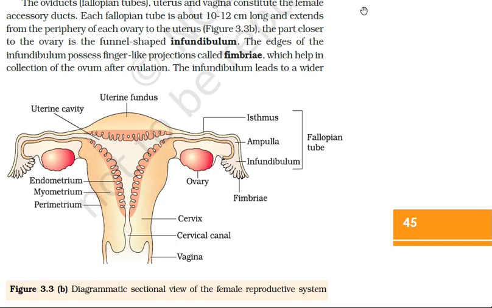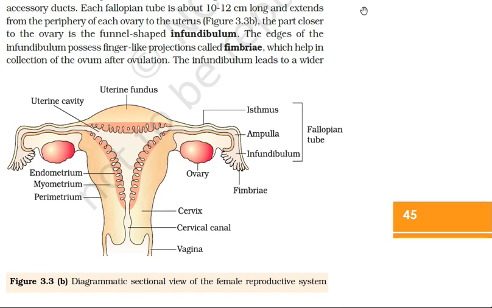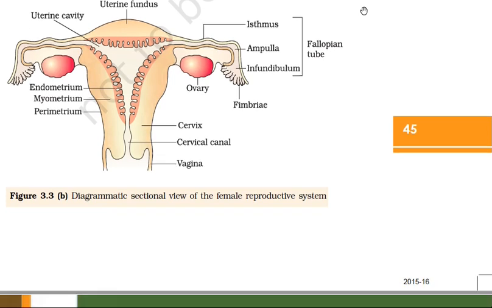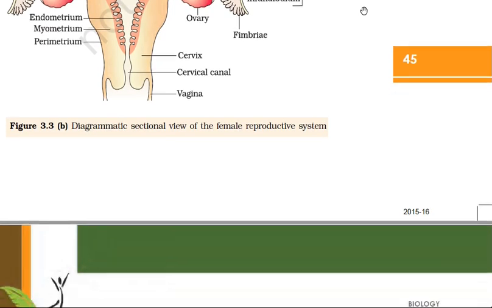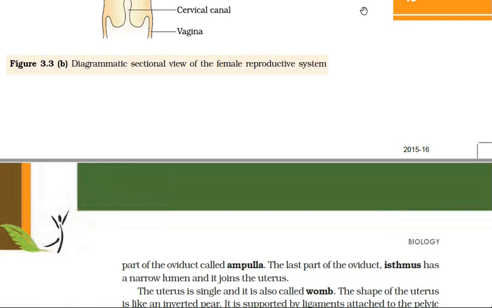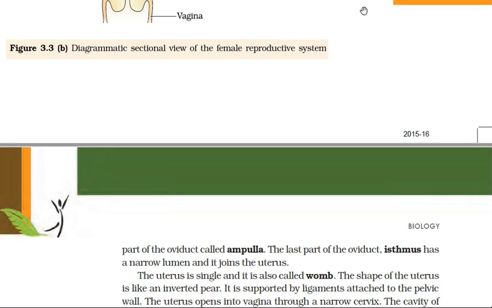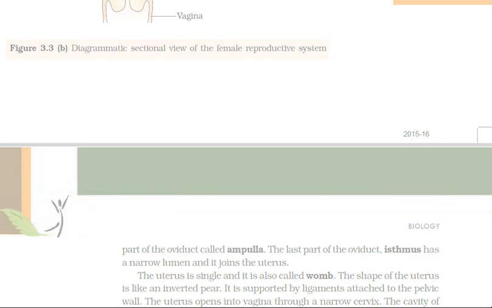The gametogenesis process is the process of the production of the gametes. It is different in females and males. Therefore, first of all, we will begin with the gametogenesis in the male reproductive system.